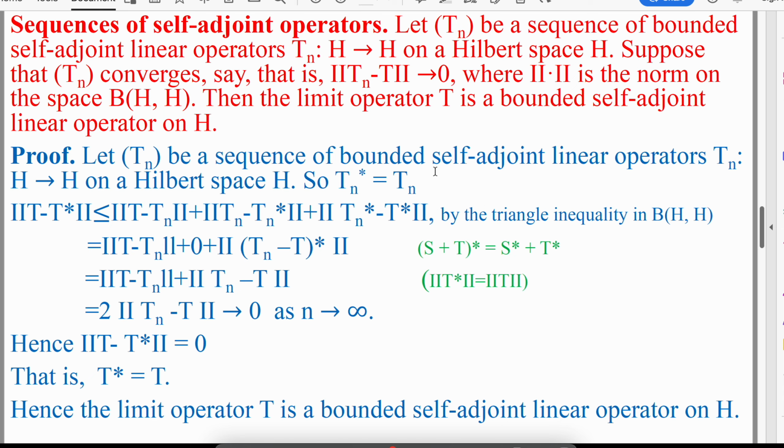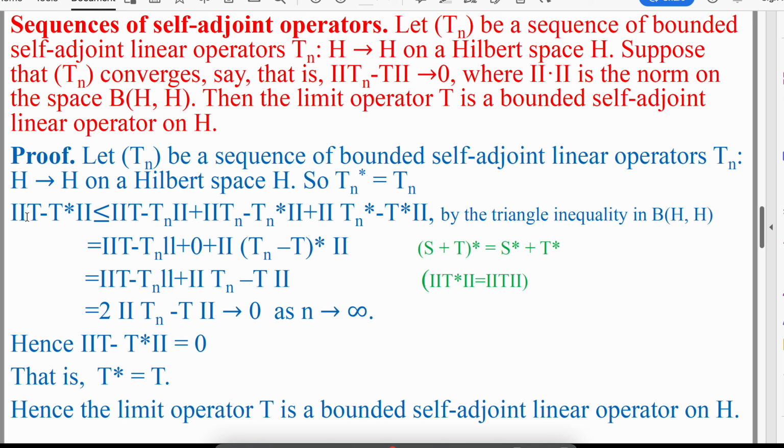Now we have to show that it converges to T, and T is also self-adjoint. T will be self-adjoint if T star equals T. So let's see what is the norm of T minus T star. We add and subtract Tn, and we add and subtract Tn star.